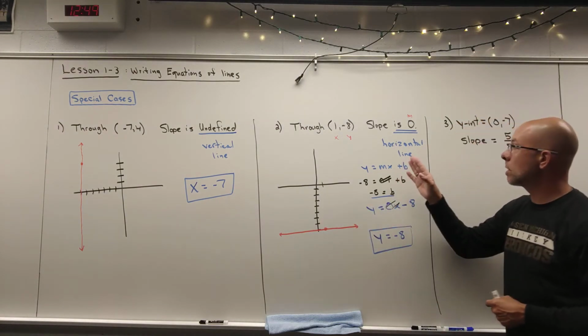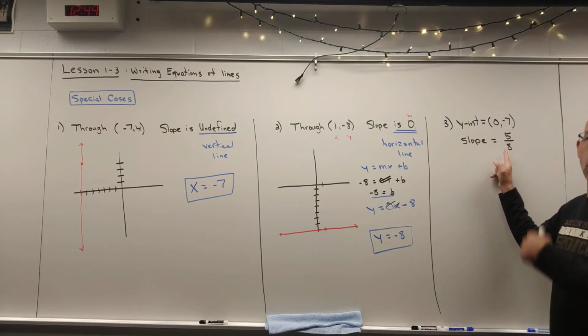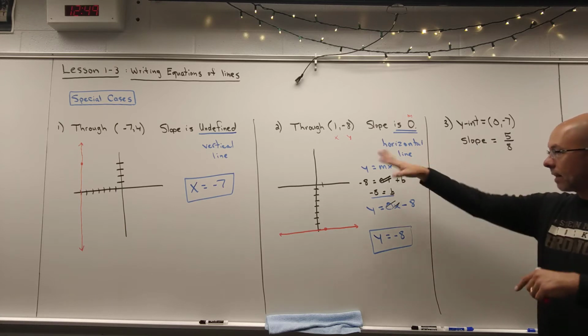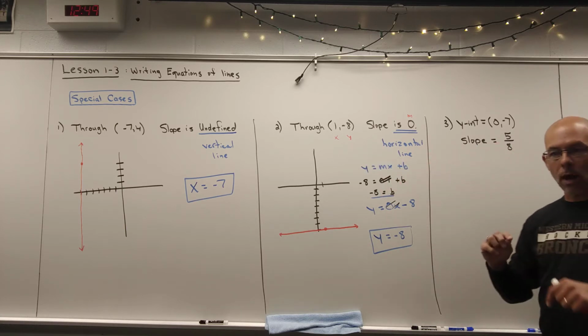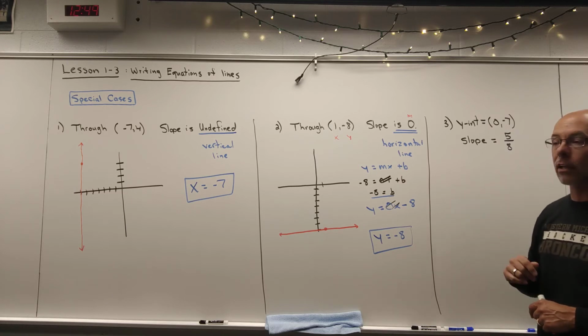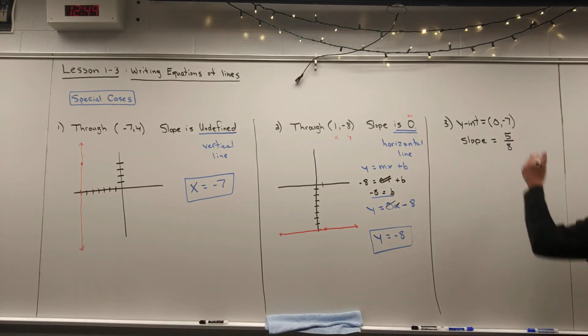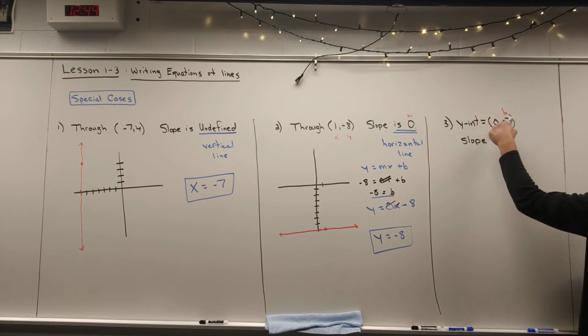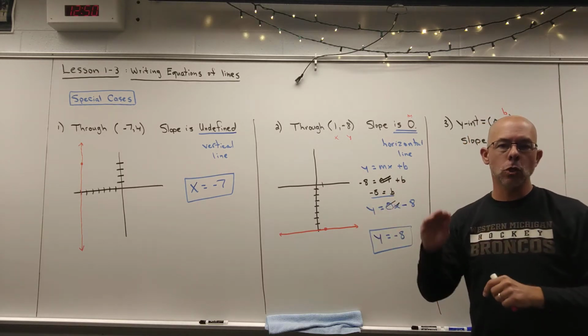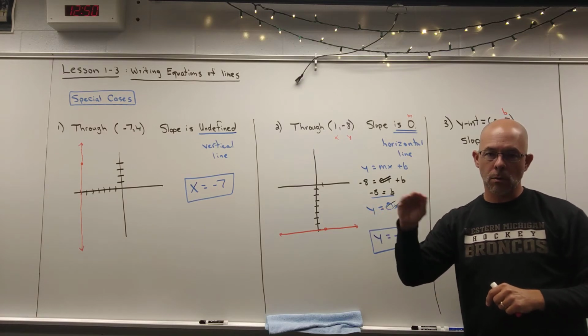Now, you guys, this one is not slope 0 or slope undefined, so this is not vertical or horizontal. 5/8 is a rise 5, run 8. We're talking about a line here that's diagonal. But if I catch this, folks, this is b. Anytime the x-coordinate is 0, the y-coordinate is your b, your y-intercept, 0, -7.